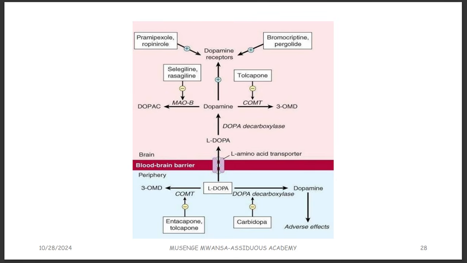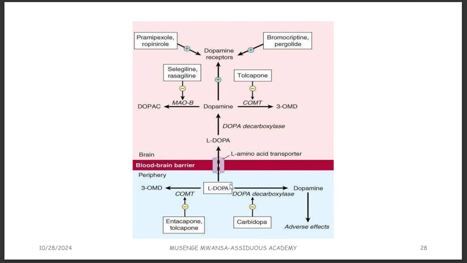What is the reason? In the periphery, before reaching the central nervous system, this dopamine will easily be broken down by MAO and COMT. So you'd have done work equal to zero. So you want to make sure that the only way for you to convert the levodopa to dopamine is when the L-dopa, sorry, is in the central nervous system.